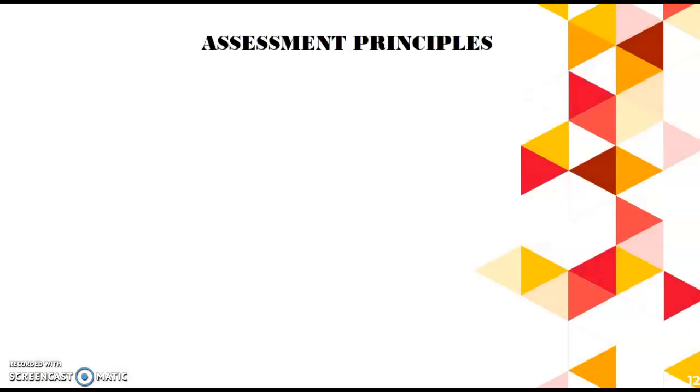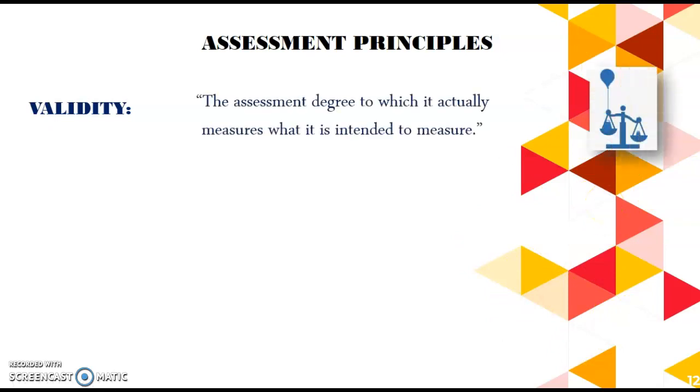Well, when talking about assessment, we can identify 5 principles. So whenever we are creating a scoring criteria, we know that the instrument that we use needs to be valid.